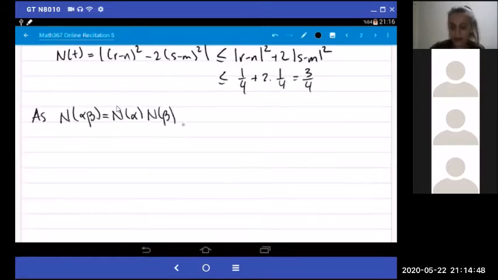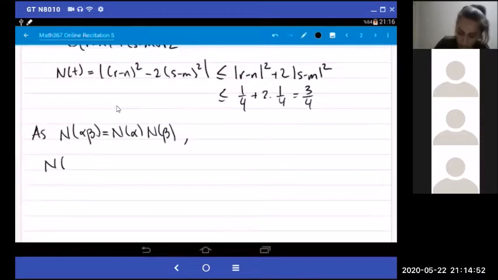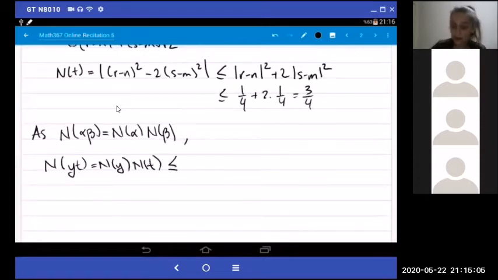You're going to check it. If you compute the function value of y times t, then you can write this as N of y times N of t. And since N of t is less than or equal to 3 over 4, we can write this as at most 3 over 4 N of y, and of course this is strictly less than N of y, right?